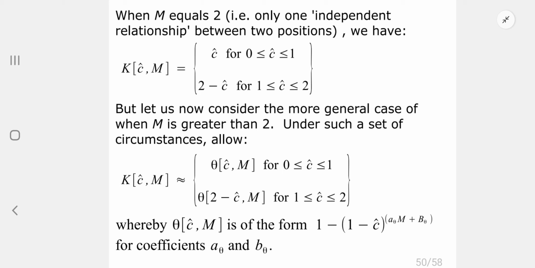Under such a set of circumstances, allow K of C hat and M to approximately equal theta of C hat and M for when C hat is between 0 and 1, and theta of 2 minus C hat and M for when C hat is between 1 and 2, whereby theta of C hat and M is of the form 1 minus C hat to the power of A_theta M plus B_theta for coefficients A_theta and B_theta.